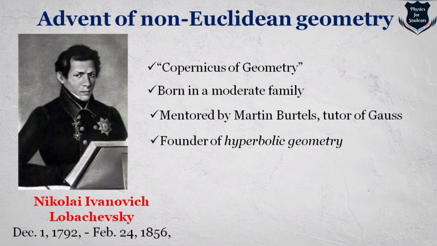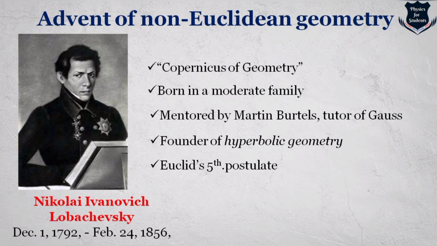He is the founder of hyperbolic geometry, and he worked at Kazan University. He received a Master's in Science and Mathematics, and he worked on Euclid's fifth postulate. For years, mathematicians had been trying to deduce Euclid's postulate from other axioms, but Lobachevsky created a geometry in which the fifth postulate is not true.